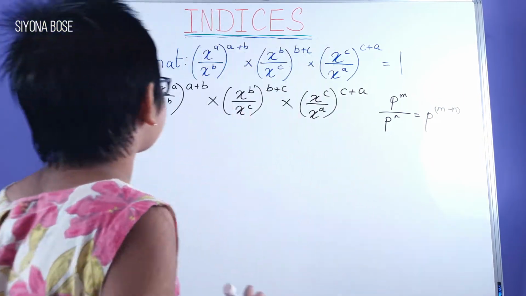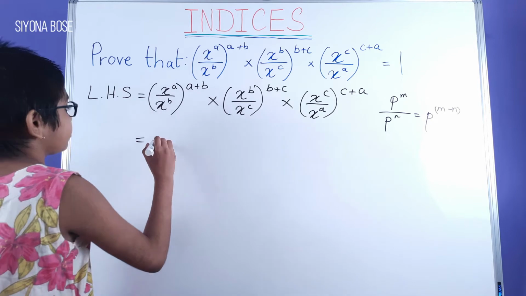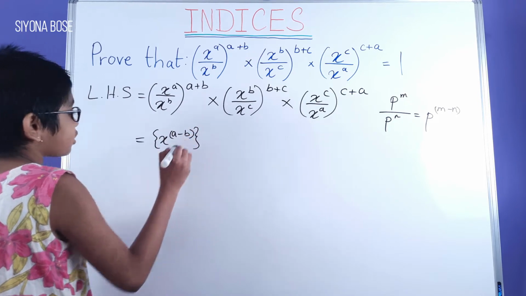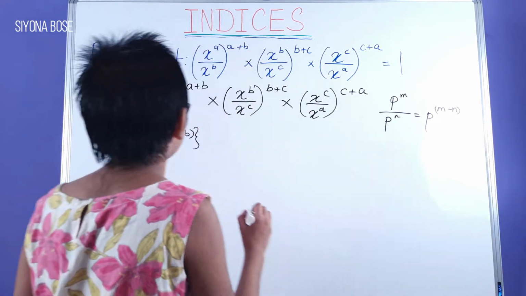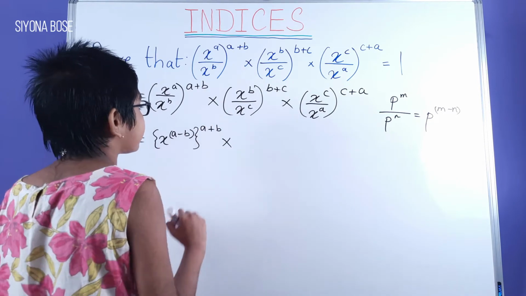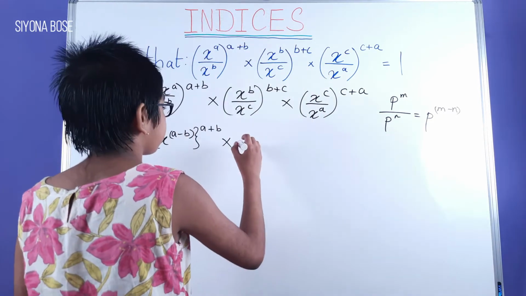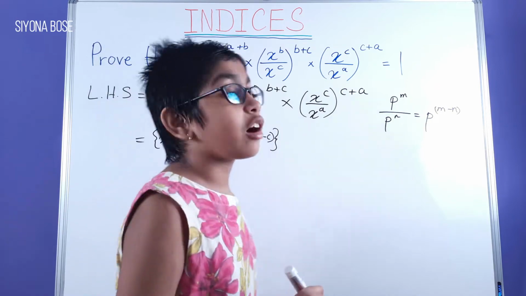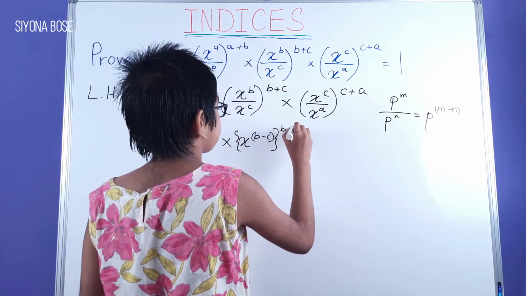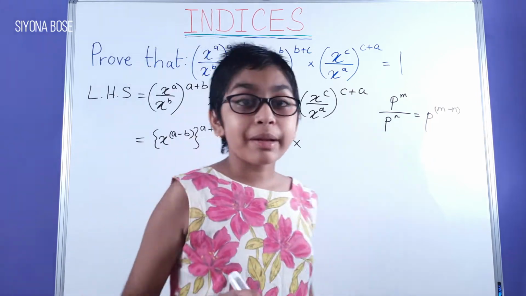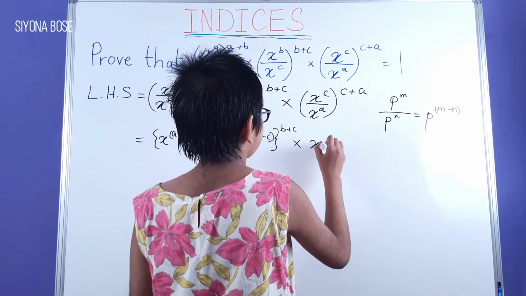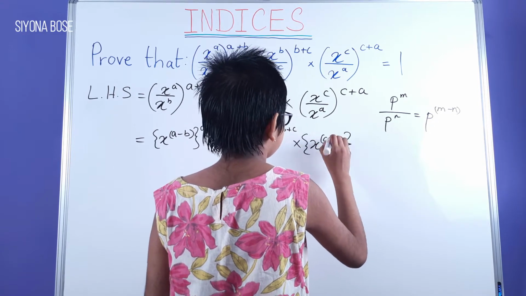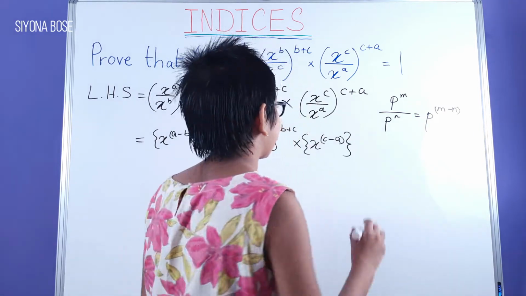Keeping that in mind, we get (x^(a-b))^(a+b) into (x^(b-c))^(b+c) into (x^(c-a))^(c+a).